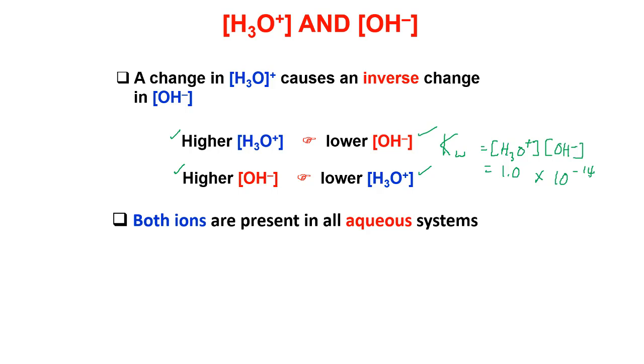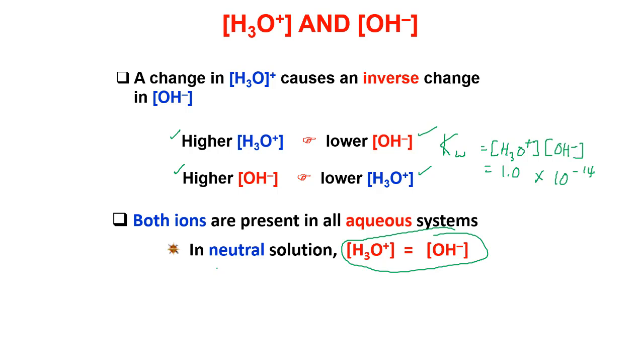Both ions are present in all aqueous systems. A solution in which the concentration of hydronium ion equals the concentration of hydroxide ion is said to be neutral. Okay, kalau concentration hydronium ion sama dengan concentration of hydroxide ion, maka kita katakan larutan itu adalah neutral. But in most solutions, however, the hydronium ion and hydroxide ion concentrations are not equal.